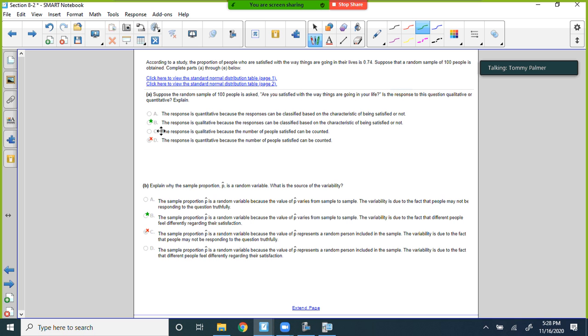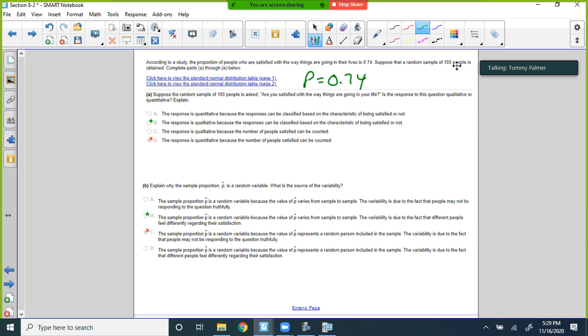All right. So on these, I got tired of reading and just started clicking. According to the study, the proportion of the people who are satisfied with the way things are going in their lives is 0.74. So p equals 0.74.